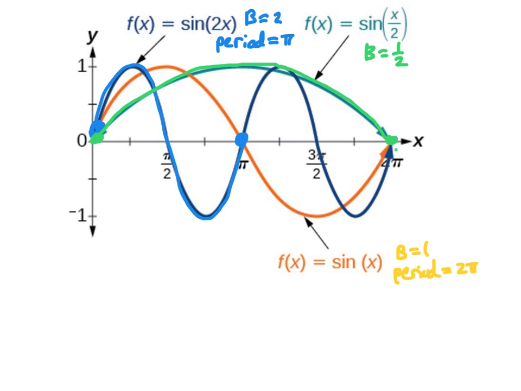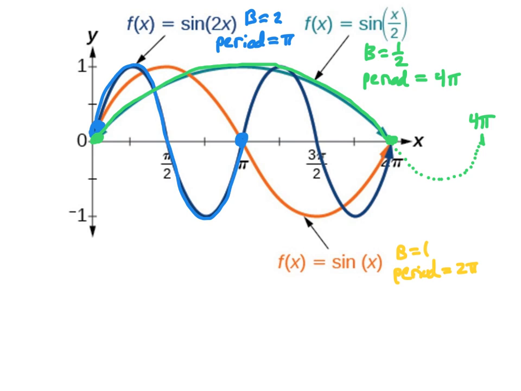The graph is then going to continue, and this, of course, is definitely not to scale, but it continues over something like this. And when it hits over here, this will actually be another 2 pi units of the dotted graph. So this will actually go out to 4 pi before it completes a full period. And so our period here for the function where b is 1/2 is 4 pi units.